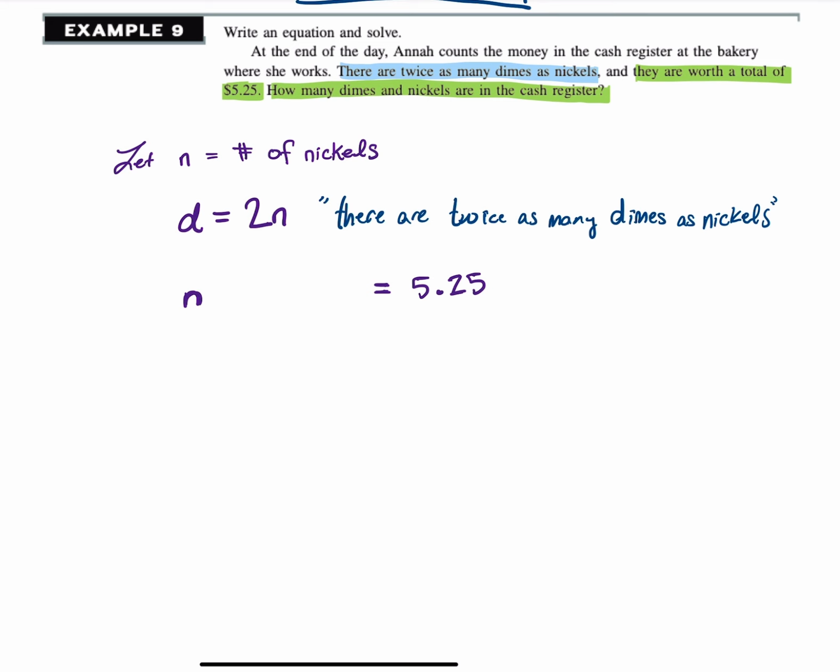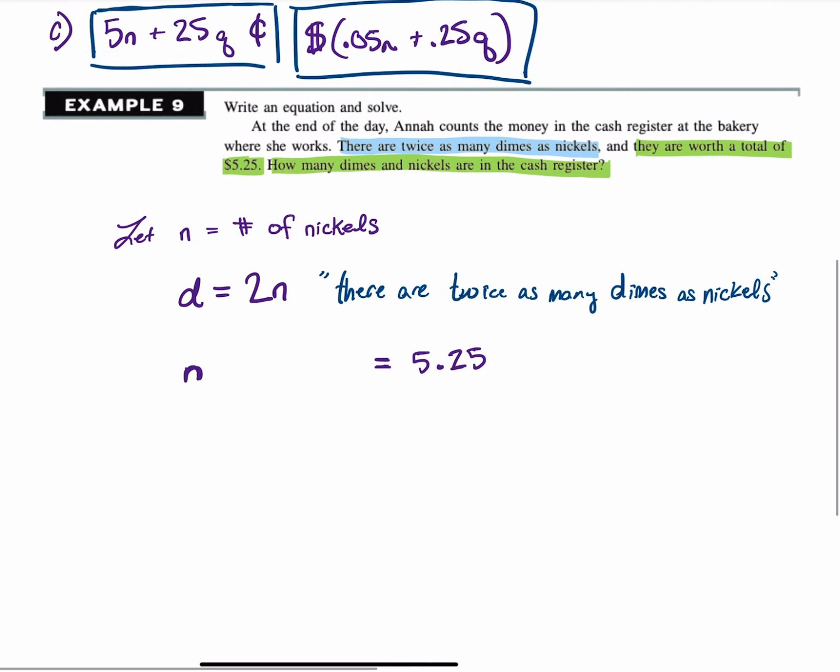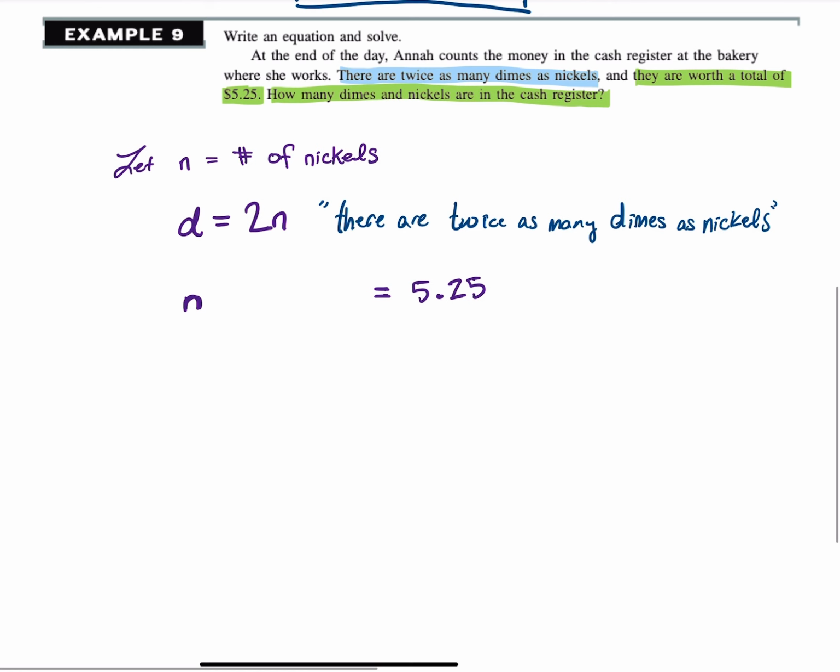That's kind of like what we were doing earlier. If we had n nickels, to find out how many dollars that's worth, we multiplied by its value in dollars. The value of a nickel is $0.05. So if we do 0.05 times n, that would give us the value of however many nickels we have.